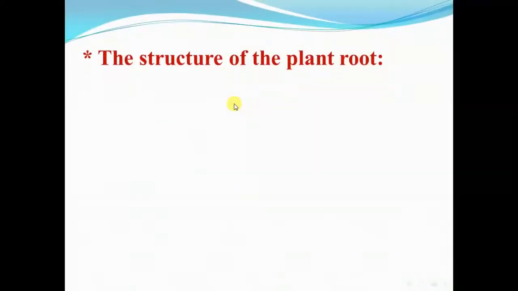Okay, now we'll study together the structure of the plant roots. We know the plant takes water and the mineral salts from the soil. By what? Yeah, right, by roots.